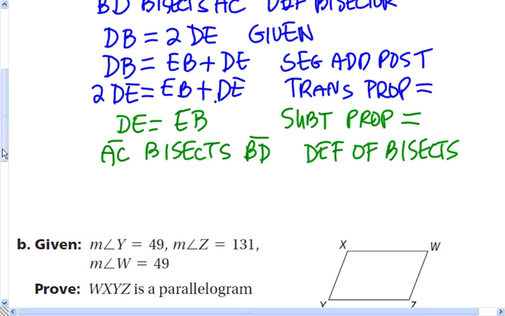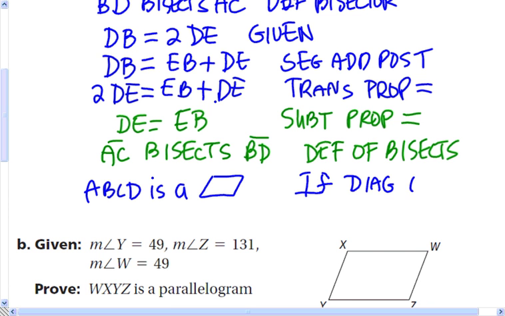We can say that ABCD is a parallelogram. And that's from the theorem that says if the diagonals of a quadrilateral bisect each other, then the quadrilateral is a parallelogram.